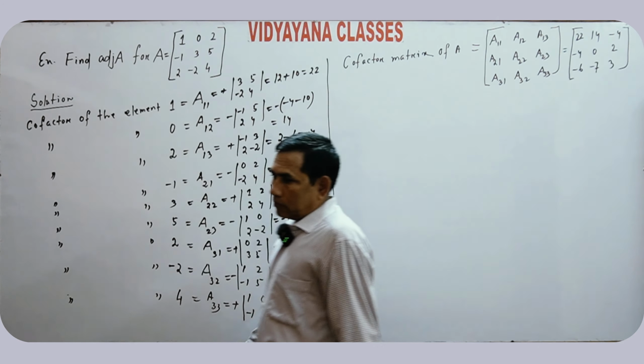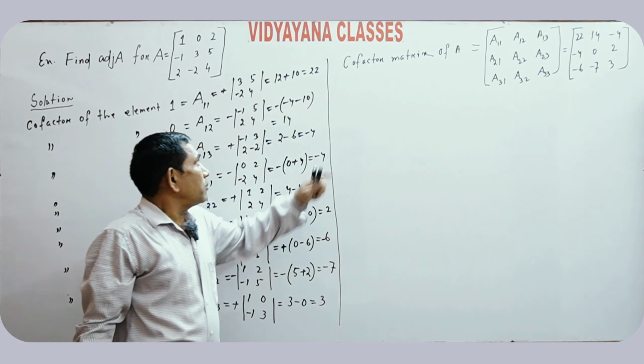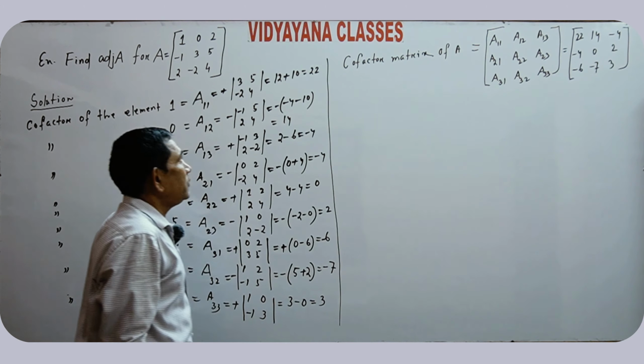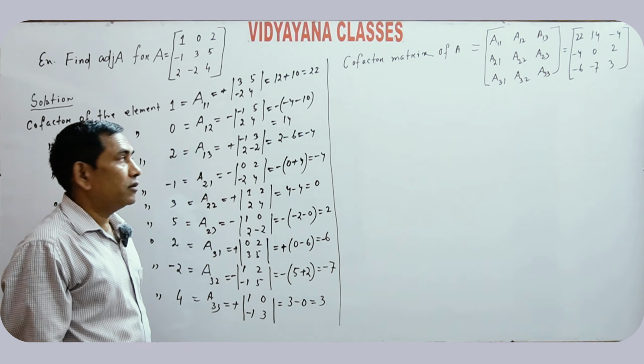It is the cofactor matrix of capital A. Clear?